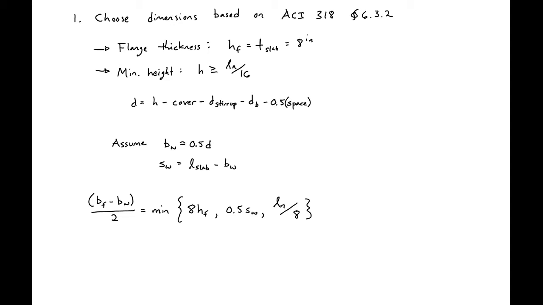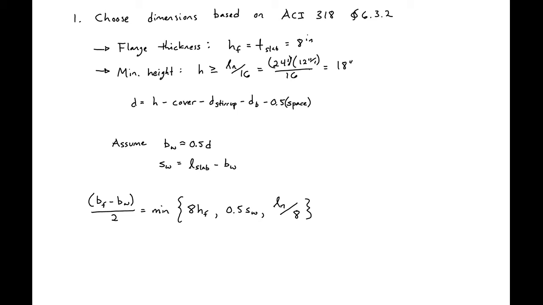So then we can find the minimum height of our overall beam. And we're going to use the ACI minimum height requirements for simply supported beams. And remember that these are based on deflection requirements. So our span length is 24 feet. We take this times 12 inches per foot divided by 16, which gives us a minimum height of 18 inches.